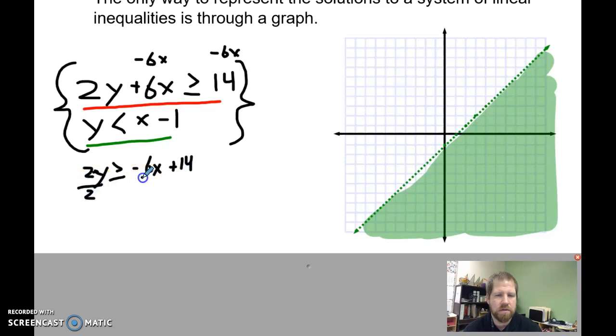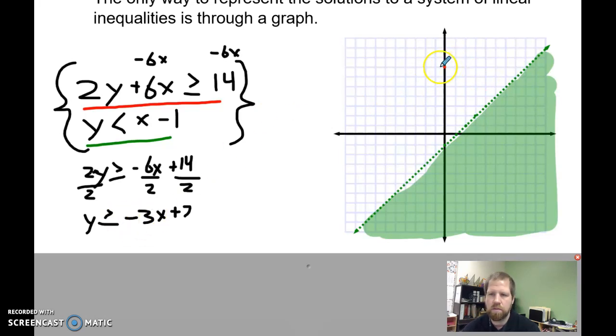Divide everything by 2: y is greater than or equal to negative 3x plus 7.